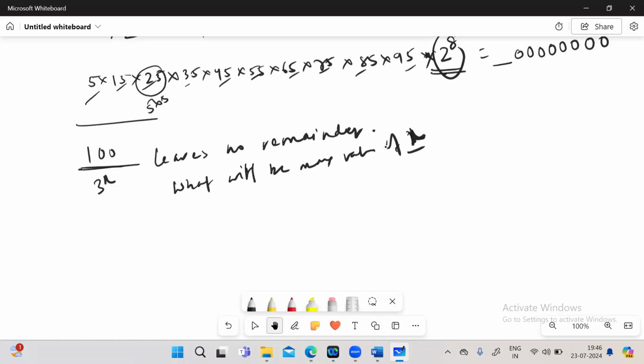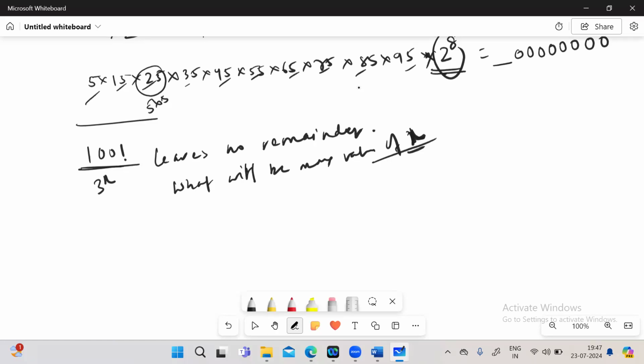You see, this is not the same question. Zero. Not zero. Are you saying zero? Sorry, 100 divided by, sorry sorry, yes, here it would be zero. Whoever responded was right. So it is 100 factorial divided by 3 power x. It will leave no remainder. What will be the maximum value of x?